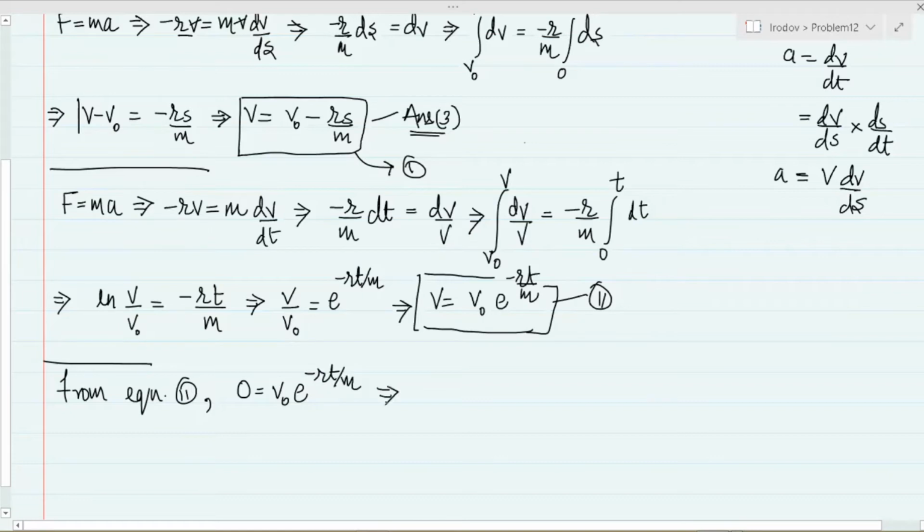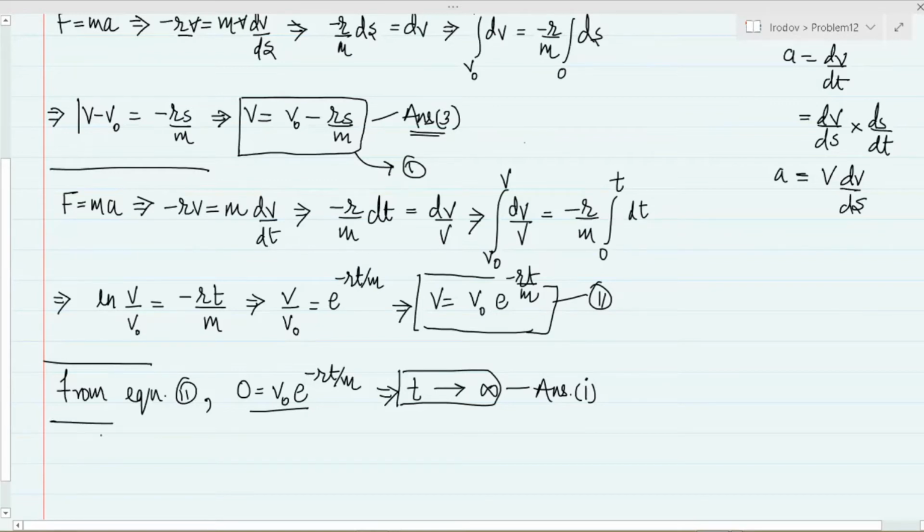So the solution is that time must tend to infinity. So the answer 1 is that the boat will require infinite amount of time to stop.